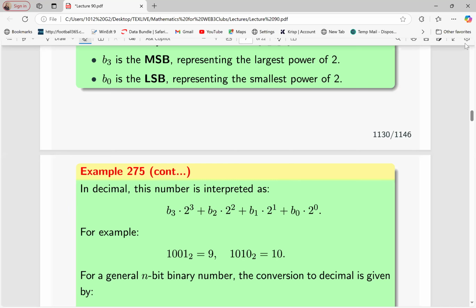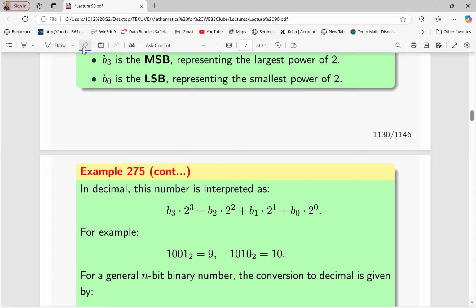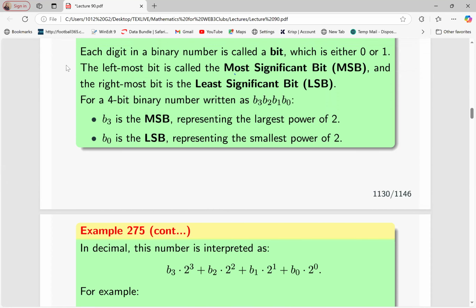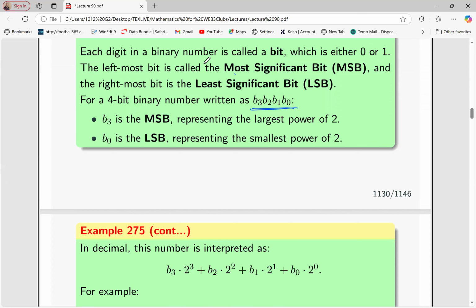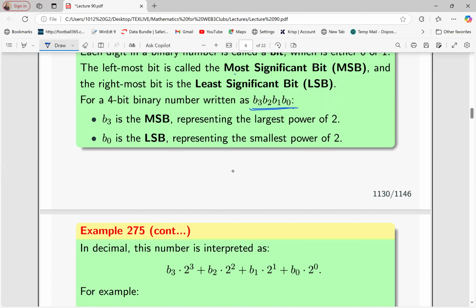So for instance, what we've just done, supposing this is a binary number, how do you convert to decimal?